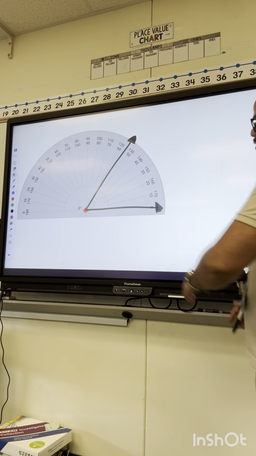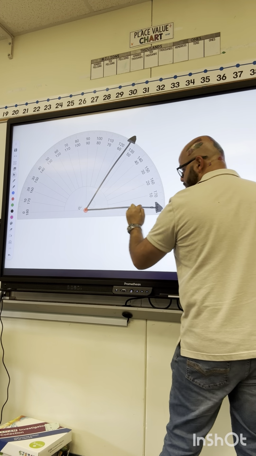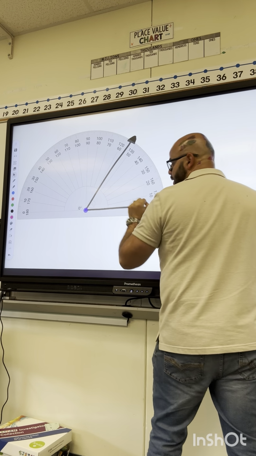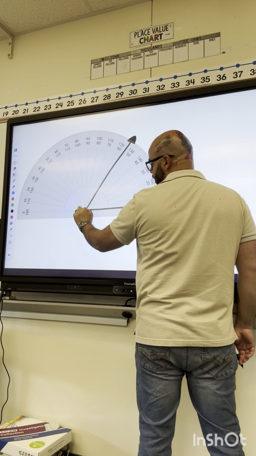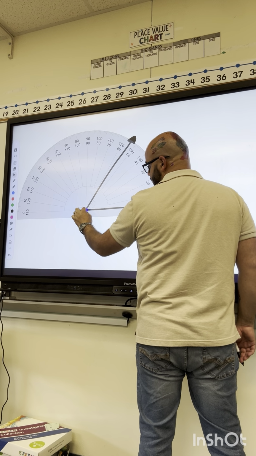So I'm gonna use this baseline to line it up with the baseline on my angle. I'm gonna use the vertex of my protractor and line it up with the vertex on my angle.